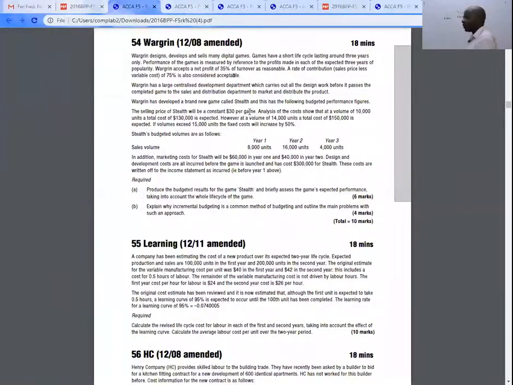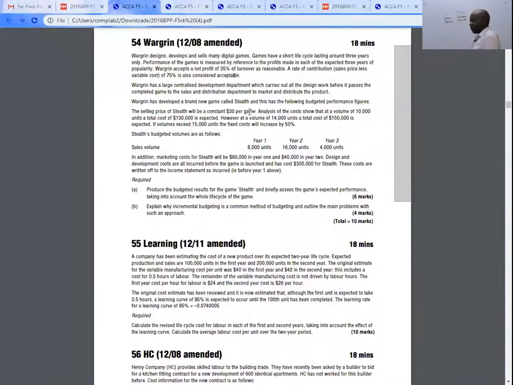And then when volume goes up to 14,000 units, we have our total cost being 150,000.